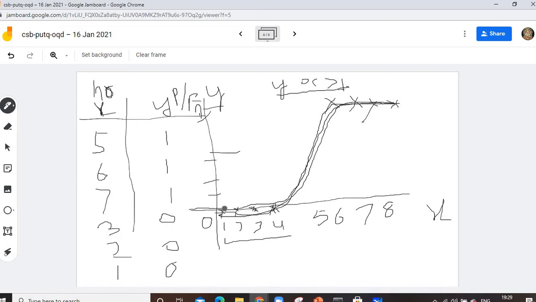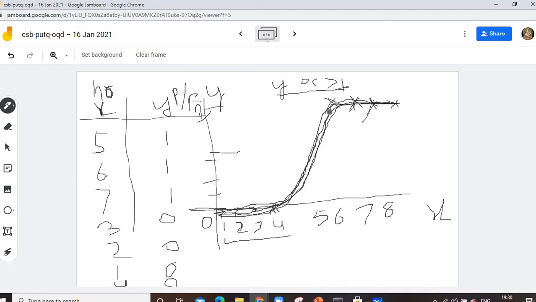Then 5 is 1, so that point is here; 6 is 1, the next point is here; 7 is 1, the next point is here. If I pass a curve in between these points, it will look like this.